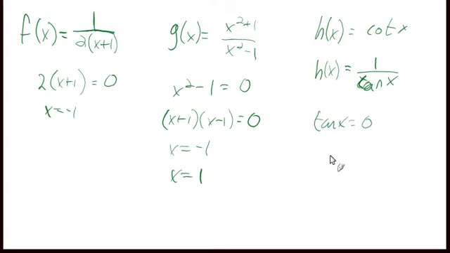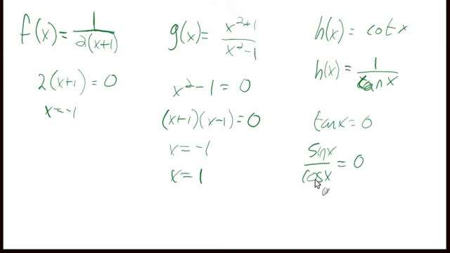Where's the tangent ever equal to 0? Let's see. Well, okay. Feel free to fast forward through what I just did, but it's too late for you now. Tangent is sine over cosine. And so wherever the tangent is equal to 0, we have a problem.